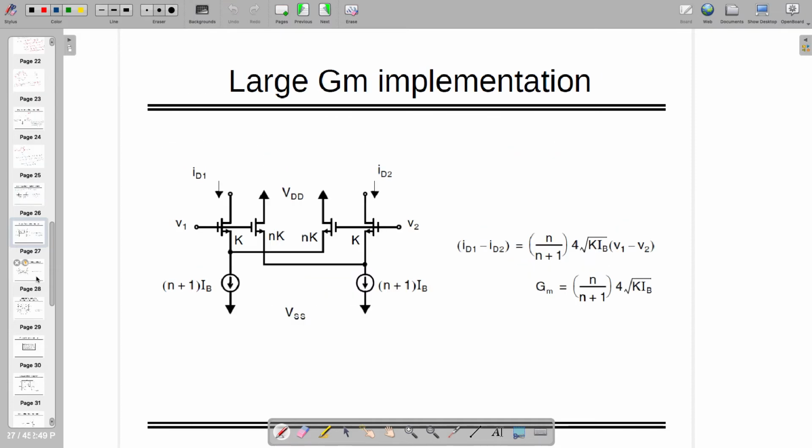Now, other than that, there are more possibilities because sometimes you are interested in finding out a larger GM.